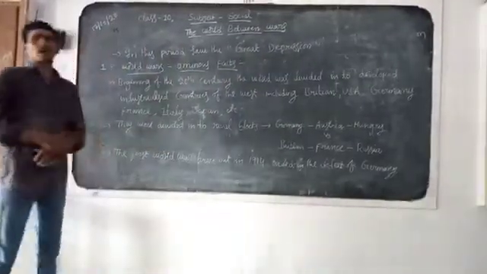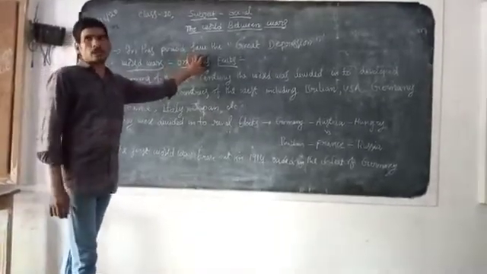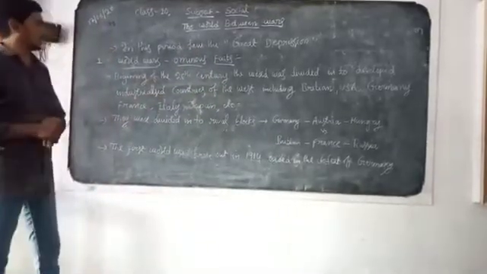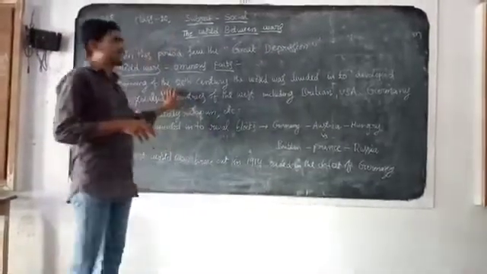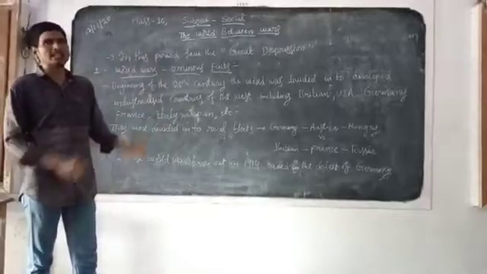Next, the world wars. Ominous facts are there. At the beginning of the 20th century, the world was divided into developed industrial countries of the West, including Western and Eastern countries.